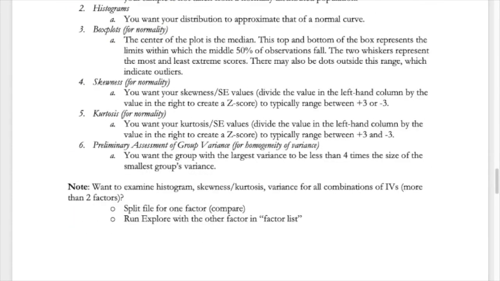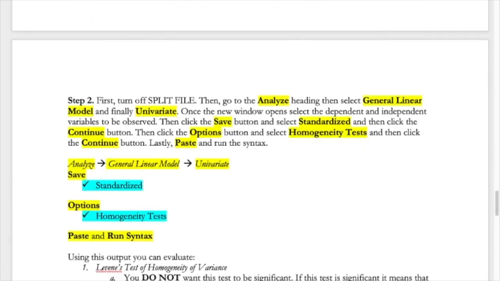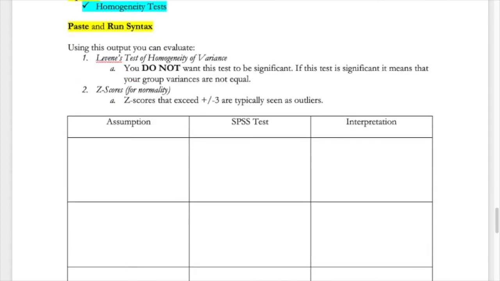So this has been a while of me just chatting at you, going over all of this. And so I want to just leave you now to fill out this chart with all of these assumptions, all of these tests.